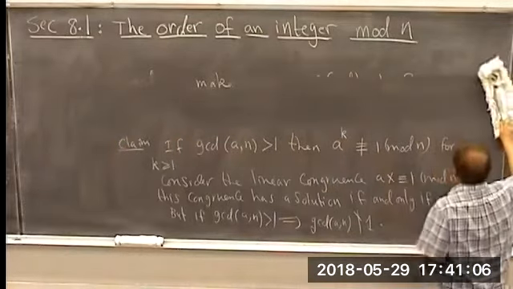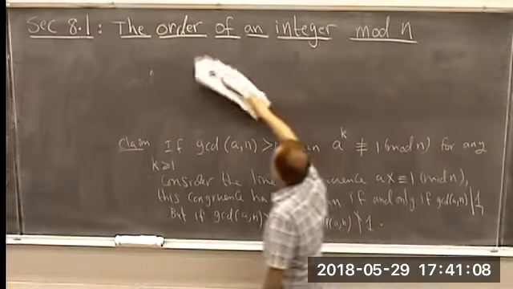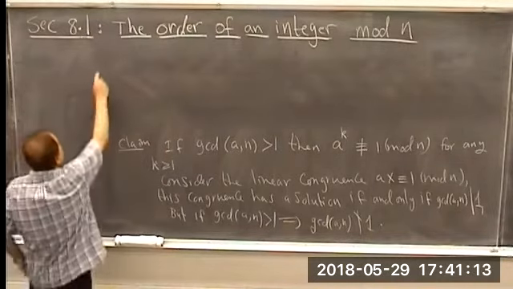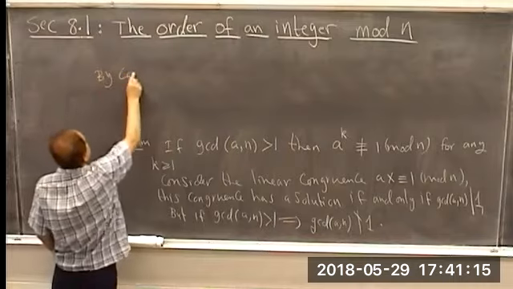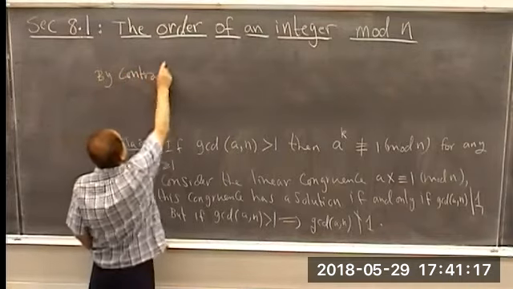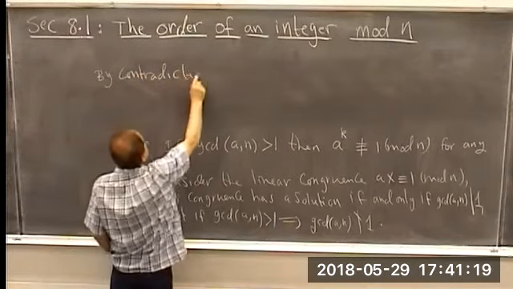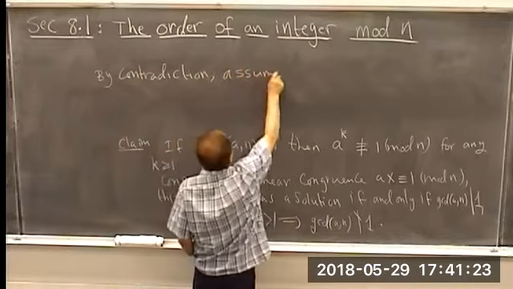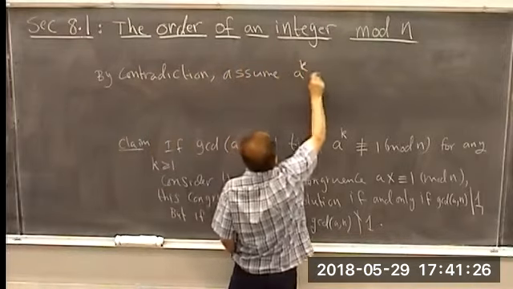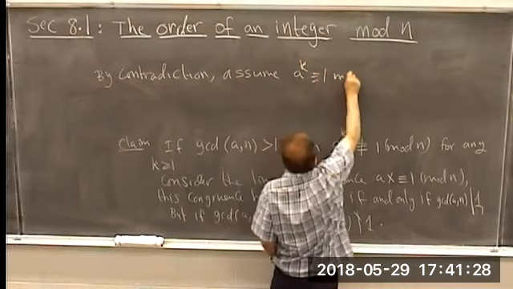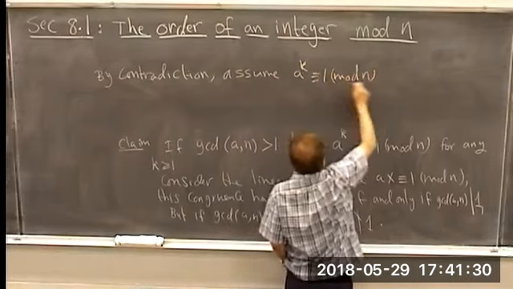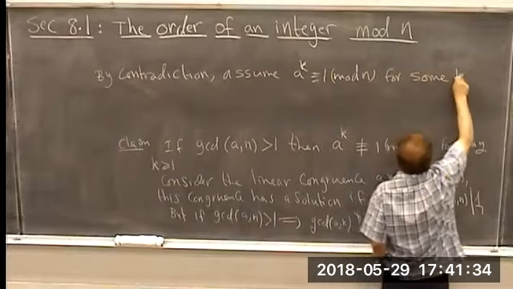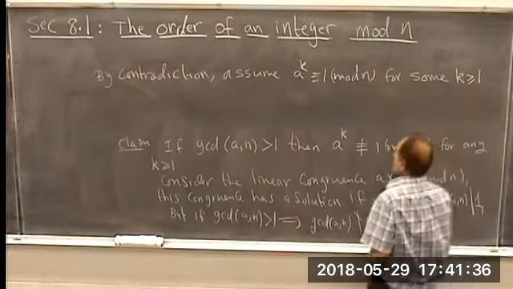Assume, by contradiction, that a to the k is congruent to 1 mod n for some k bigger than or equal to 1.